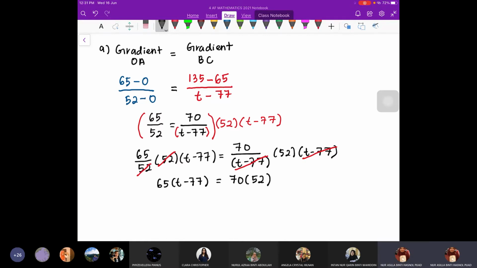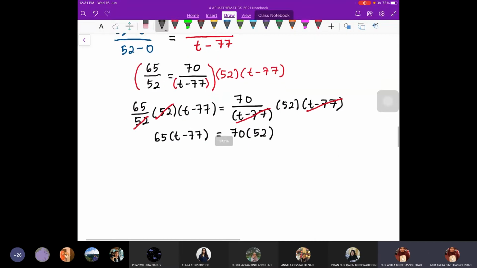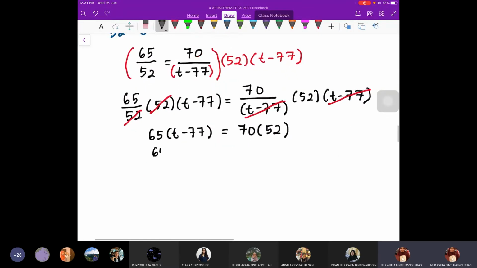Okay, so we have done this so many times already. Okay, lepas tu expand. So 65t minus 65 times 77, 5005 equal 70 times 52. So 3640.